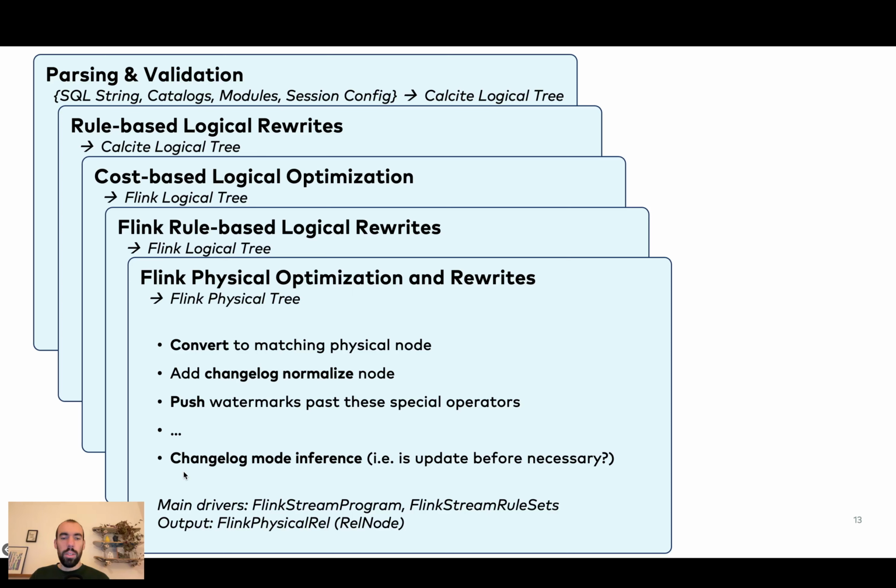And there is one important step, which is called the changelog mode inference. So this is where the planner basically checks: is an update before necessary or not? It starts basically at the sink level, and then from the sink level it will determine based on the operations whether retraction mode is required or whether the pipeline can stay in upsert or in append mode.